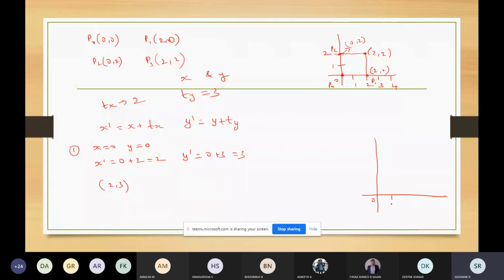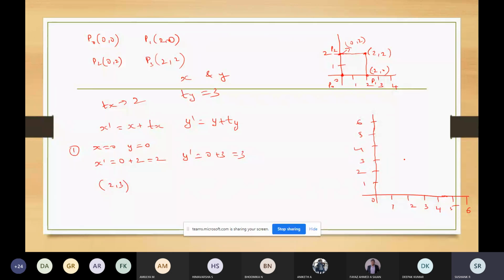Now I'll construct this on the graph. Initially 0 comma 0 was there, and now I'm getting 2 comma 3: x is 2, y is 3.